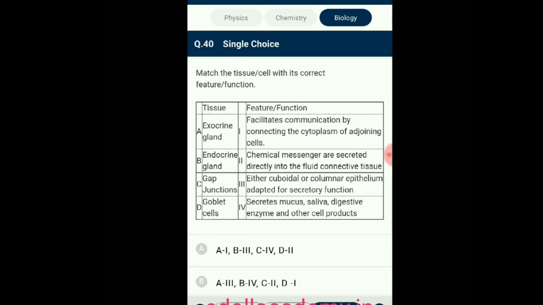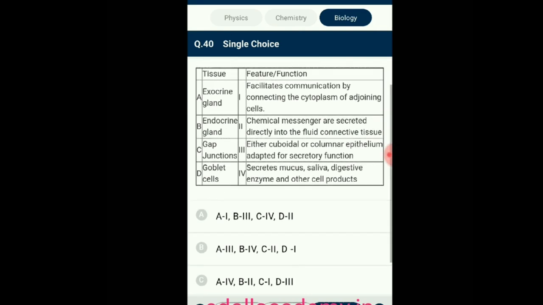Goblet cells are unicellular modified secretory epithelium commonly found in digestive glands. Gap junctions are a type of link found in animal tissues which help in cell to cell communication, that is rapid transfer of ions. So the answer for this question is option C.